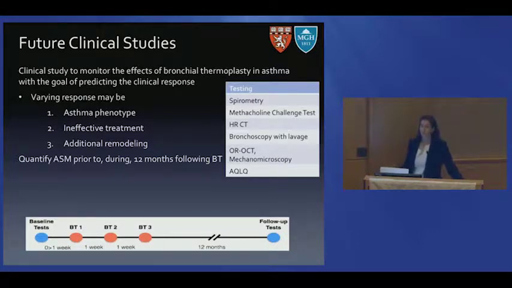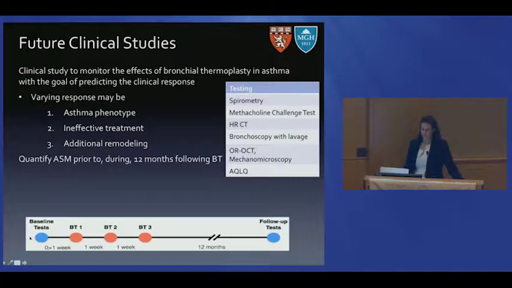So maybe there's some user error there too. And potentially some asthmatics are just so prolific at airway smooth muscle remodeling that even though you do treat it, and even though they do get rid of it, it just grows back again really fast. We don't know. So we potentially want to see if we can use our imaging technique to give us more insight into this. And so the study that we've planned is outlined here.